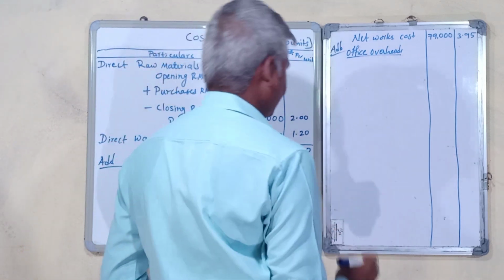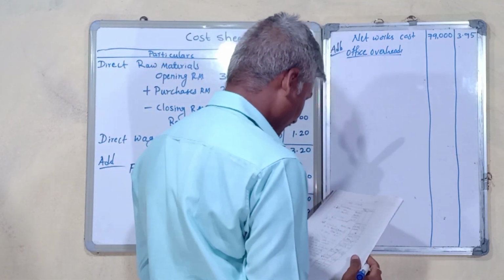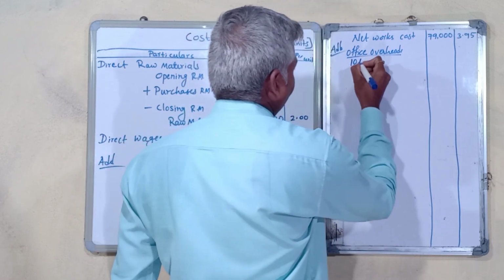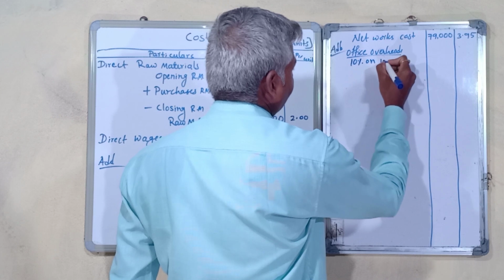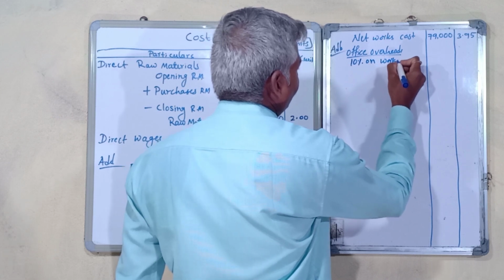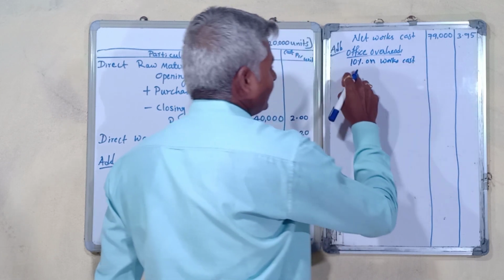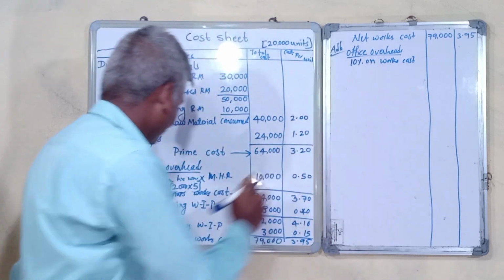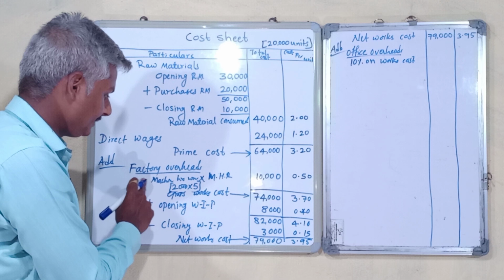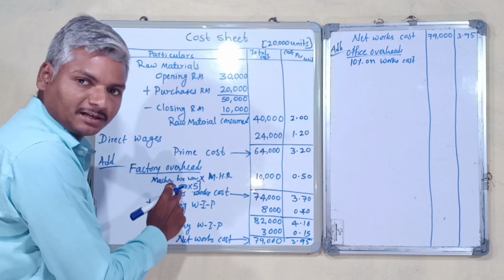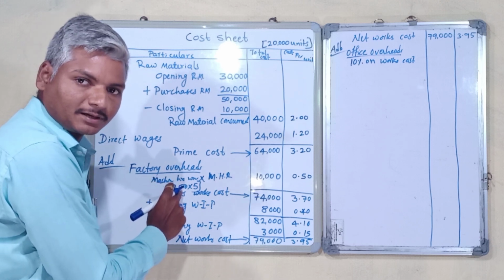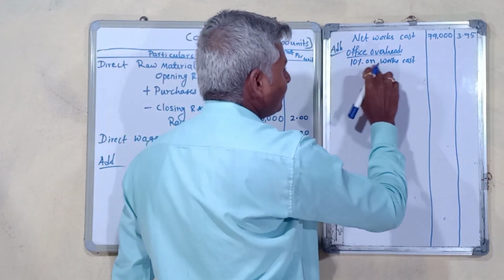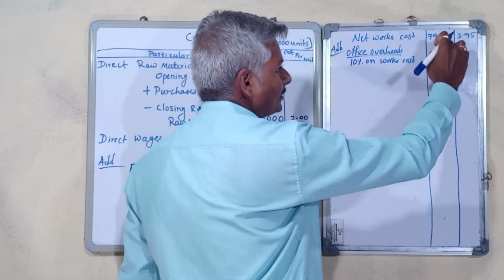They have told you to charge 10% on works cost. Here factory overhead is based on machine hour rate and total machine hours worked. Here office overhead is 10% on works cost. Our works cost is here.